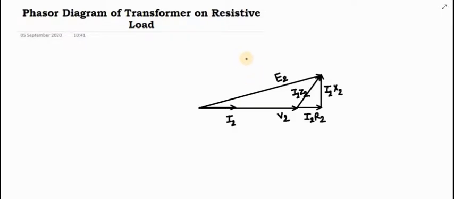Now let us mark the flux. Flux will lead this EMF by 90 degrees. So the angle between my flux and E2 is nothing but 90 degrees, according to Faraday's law. Now let us draw the primary side quantities with the red color.